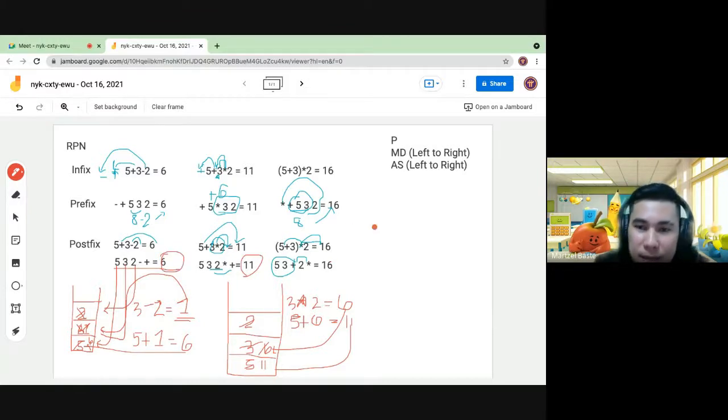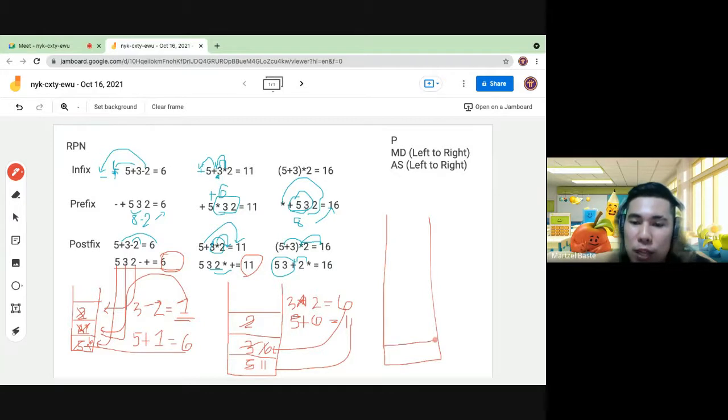Okay, next. You have here a stack. Okay, so unsay first na read? Base sa dire. Okay, 5. Tama? And then 3. Yes, sir. Okay. Next na basa.